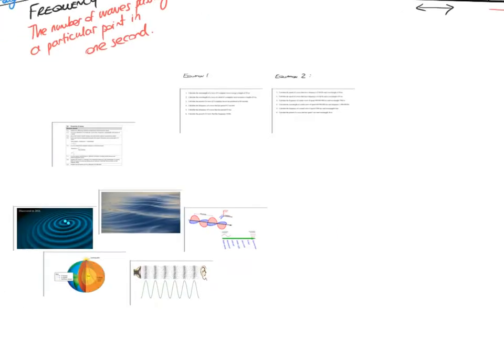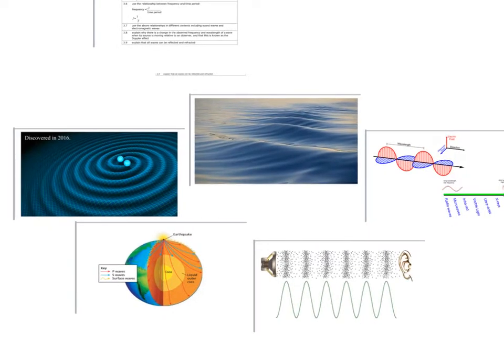Let's look back at these examples that I've got down here. So we've got water waves, which are transverse. We've got electromagnetic waves, which are transverse. We've got sound waves, which are the best and most common example of longitudinal waves. And then, of course, we've got seismic waves, of which there are two types.